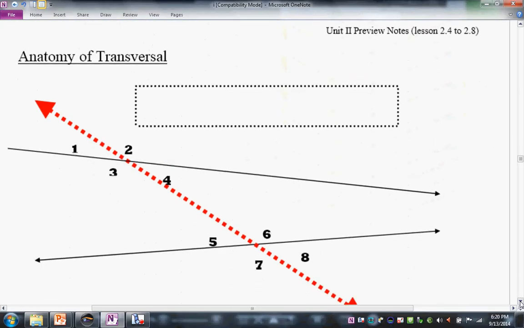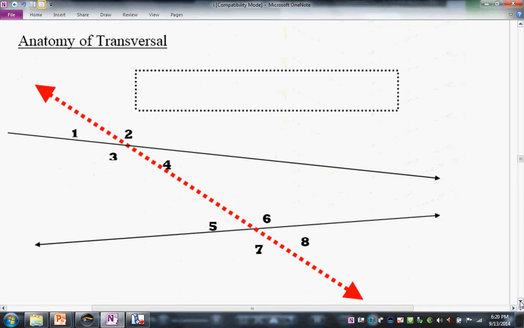I need to introduce some vocabulary to you. When you have 2 lines and it's crossed by a 3rd line, that's called a transversal. So this would be a transversal.